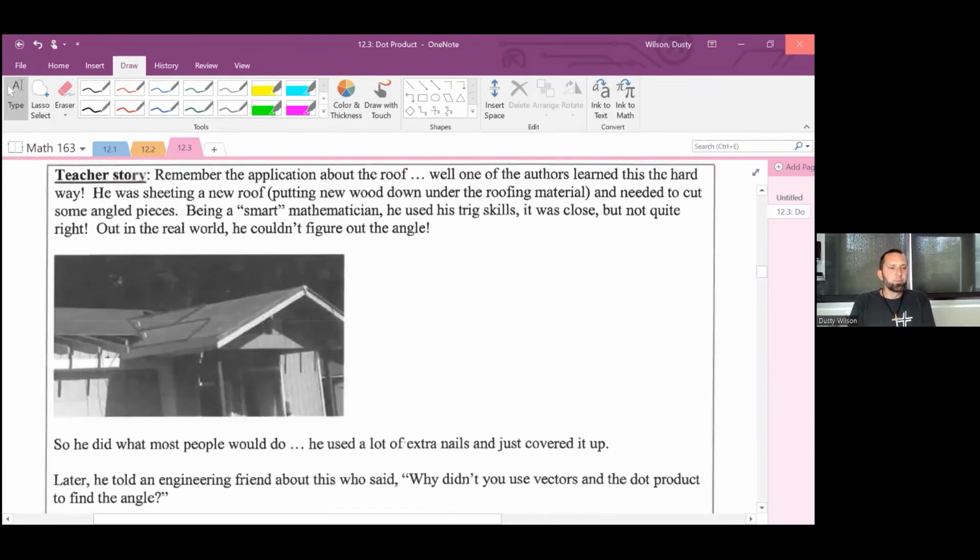So a teacher story. Remember that application about the roof? Well, me, one of the authors of these notes, learned this the hard way. I was sheeting a new roof, putting new wood down under the roofing material, and I needed to cut some angle pieces. Being a smart mathematician, I used my trig skills. My result was close, but not quite right. The boards didn't fit. Out in the real world, I couldn't figure out how to do this angle in 3 dimensions.